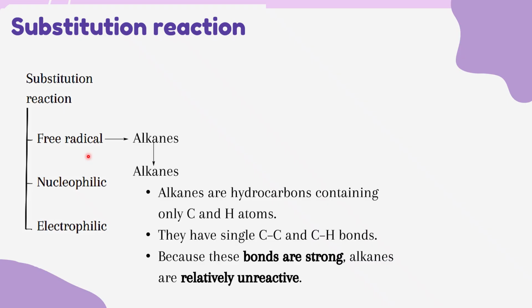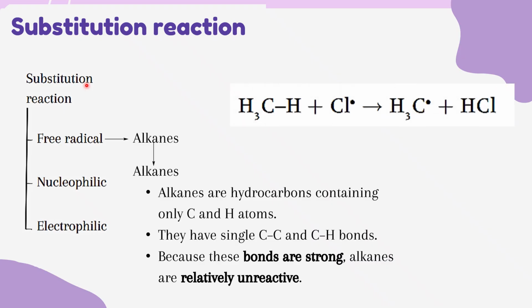Now, before going ahead and understanding what exactly this free radical substitution reaction is, let us first understand the meaning of the name substitution reaction. The name itself suggests that there is something that is going to get substituted. Substituted means replacing that particular atom in the reactant, or taking the place of that particular atom in the reactant.